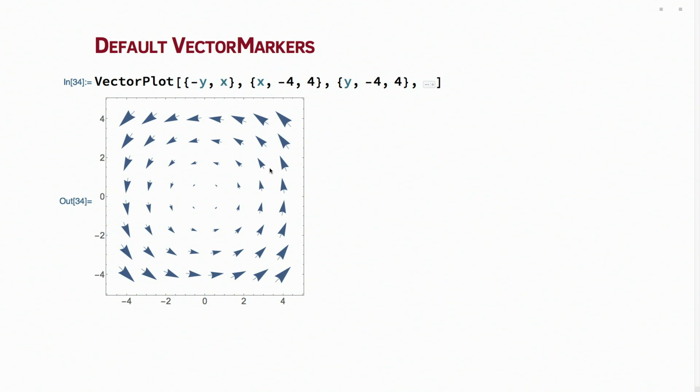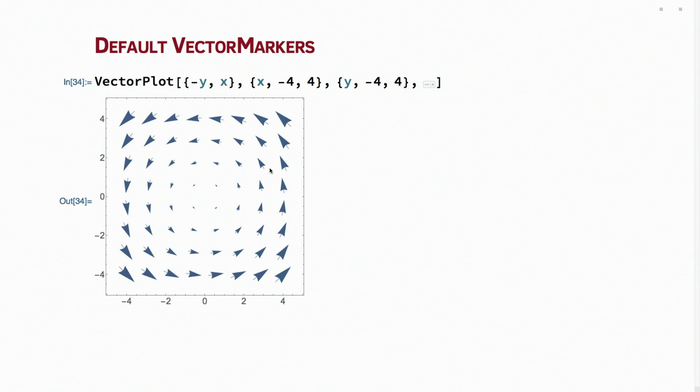So in version 11.3, I believe, we added vector markers as an option to vector plot and stream markers as an option to stream plot, endless stream plot, endless vector plot, and all their other cousins. So by default, you do a vector plot and you get a bunch of fairly generic looking arrows.